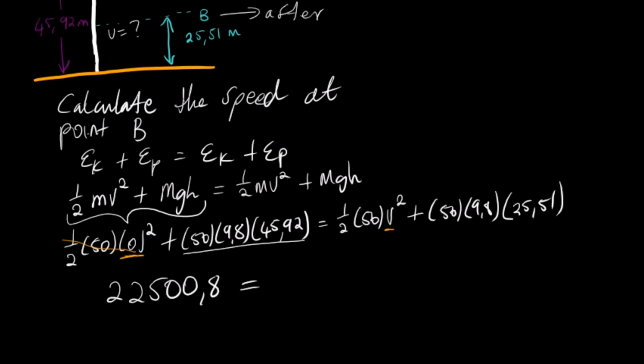It's equal to 25 v squared, and then we punch the other term on a calculator: 25.51 plus, which gives 12499.9.